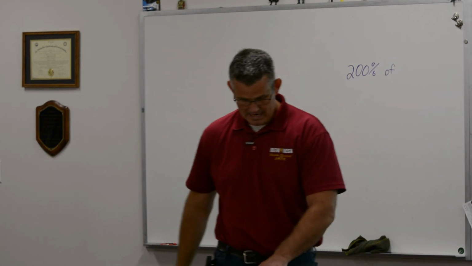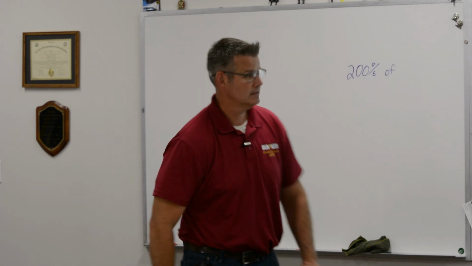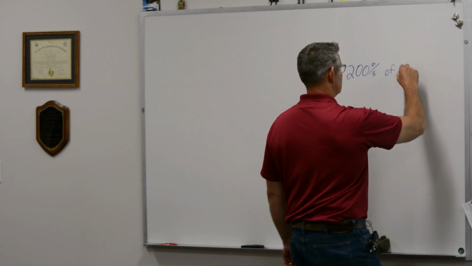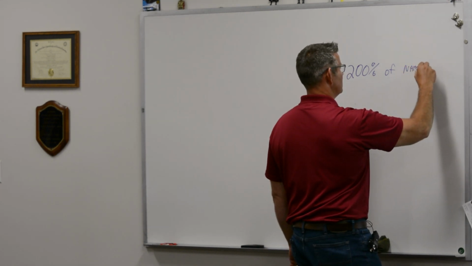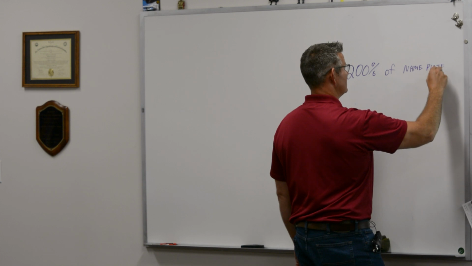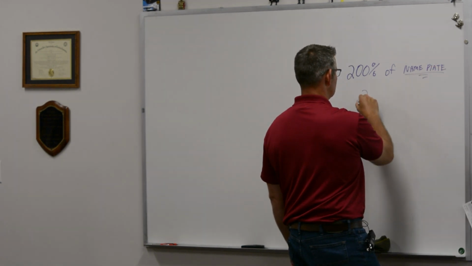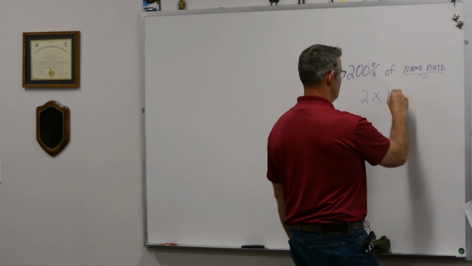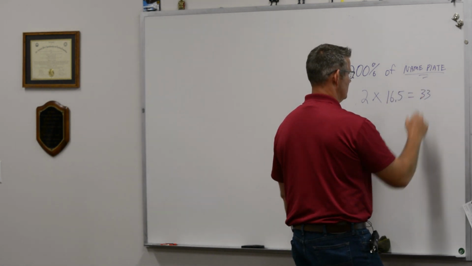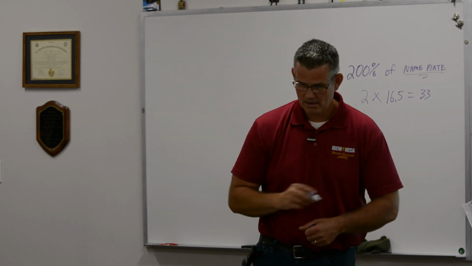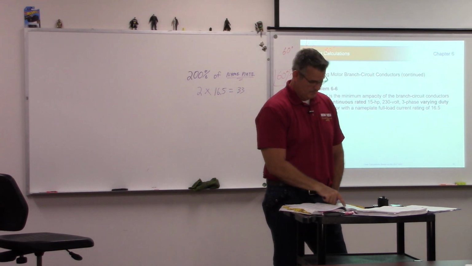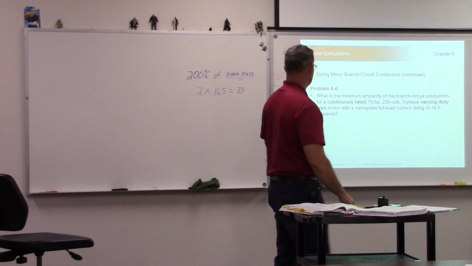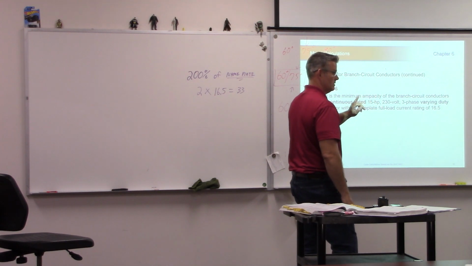Go to the top of the table. See, nameplate current. Do you see that? All right. 16.5. I'm going to say 33. Now, that has to do with what the motor is rated for and the application of the motor.